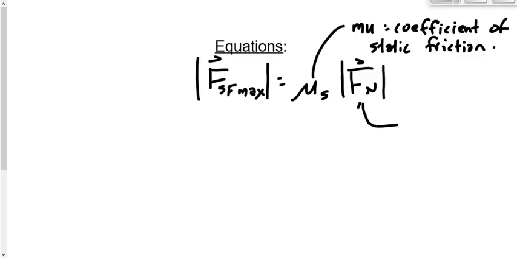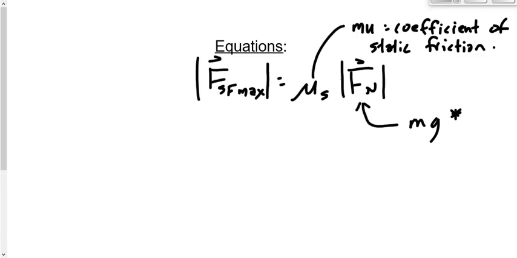Now, the normal force for us, for now, will be m times g. I'm going to put a little star by that, though, because it's not always the same as gravity. But for now, it will be. Essentially, whenever an object is, like we are right now, being pushed up the same as we're being pulled down by gravity, then those two forces are going to be equal to each other.